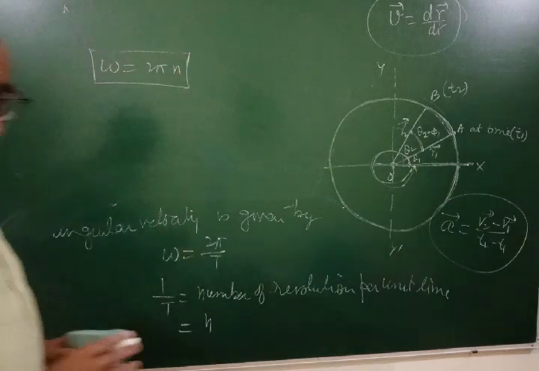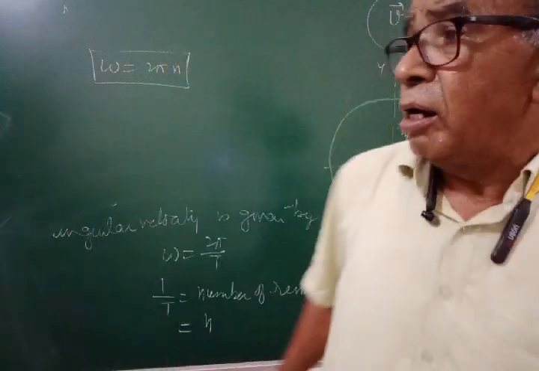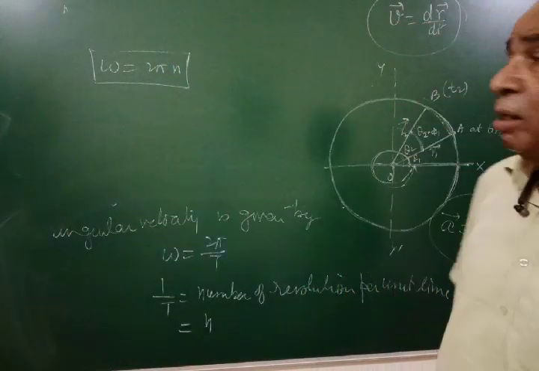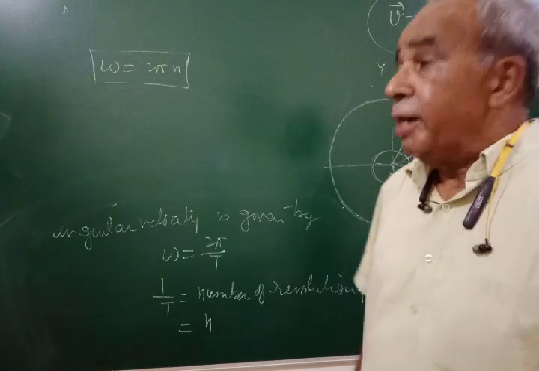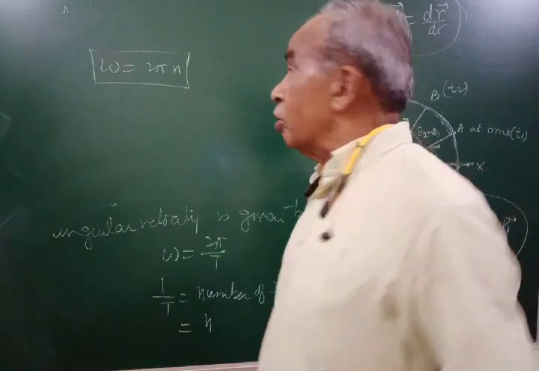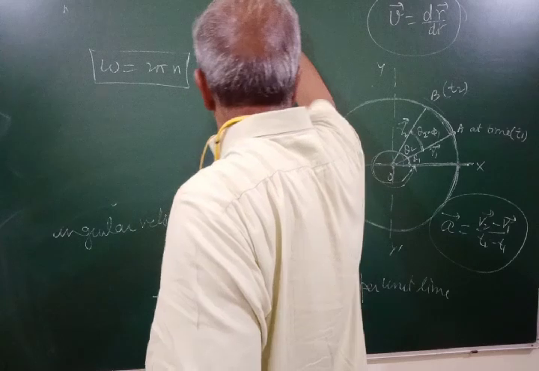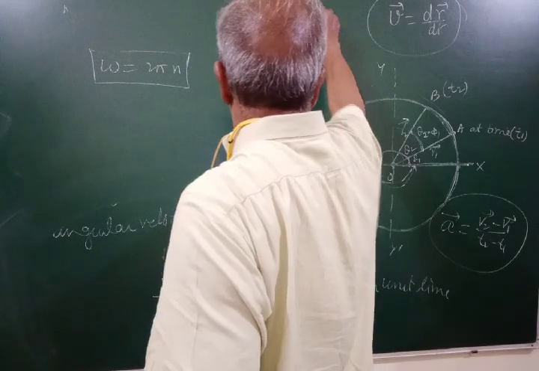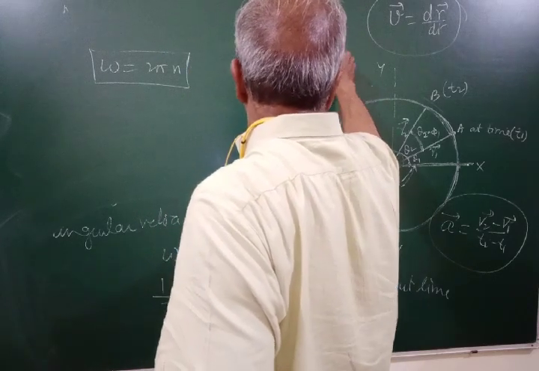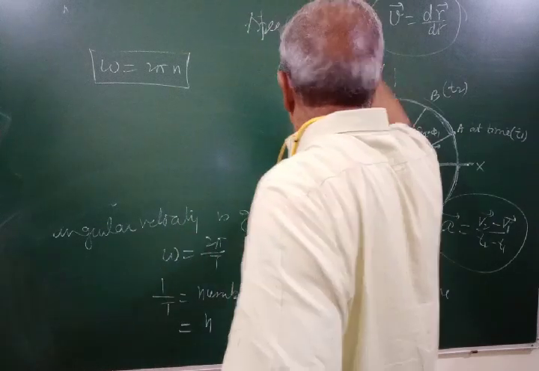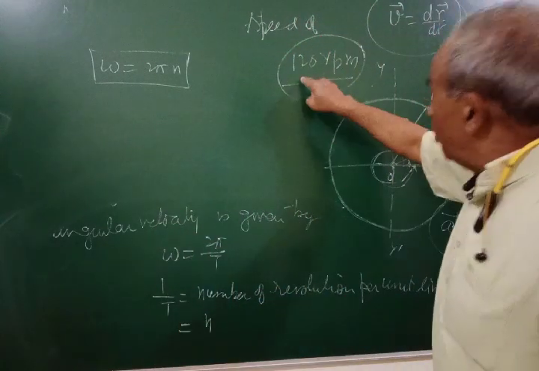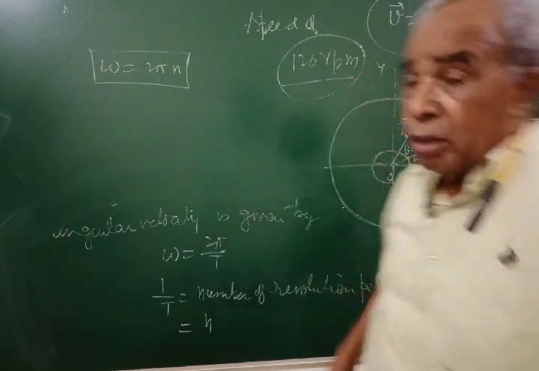In our NCERT book, angular velocity is generally given in terms of number of revolutions per second, and it is told that the body is moving on a circular path at a speed of 120 revolutions per minute. People assume it is angular velocity. No, it is frequency, revolutions per minute.